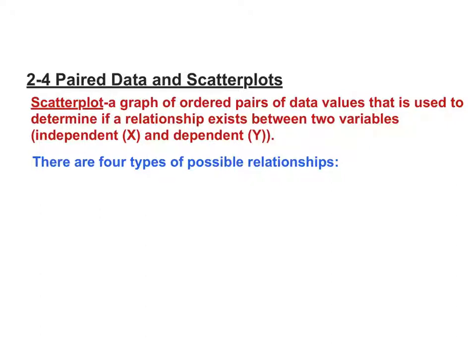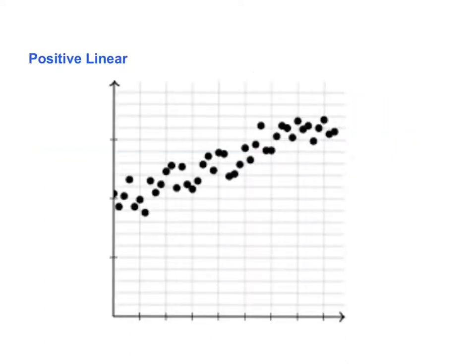And when we're talking about relationships, another word that you frequently hear when it comes to scatterplots is correlation. Is there a correlation between x and y? Okay? Or is there a correlation between the points that are on the scatter plot? So here's the first one. A positive linear correlation.